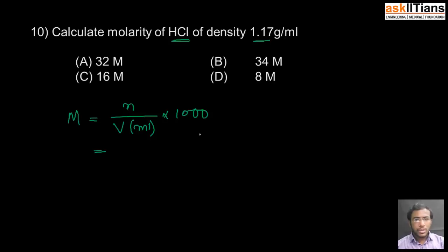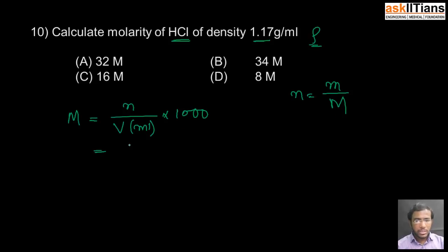Here density of HCl is given. So how can we make use of this density? Number of moles is equal to mass of solute by the molecular mass of solute.